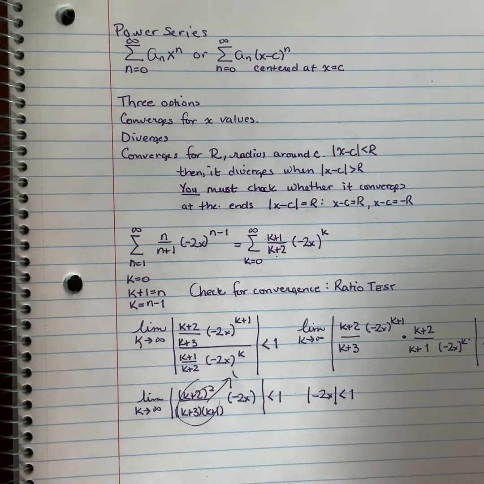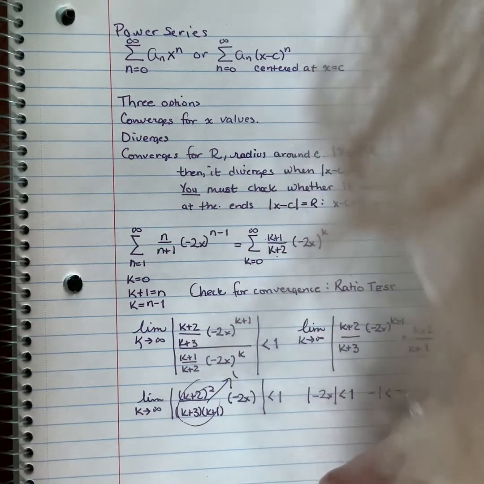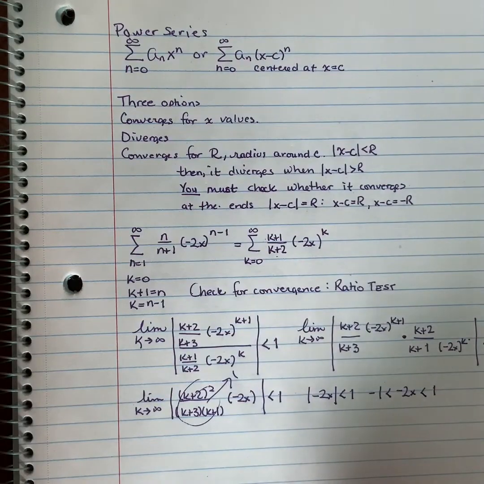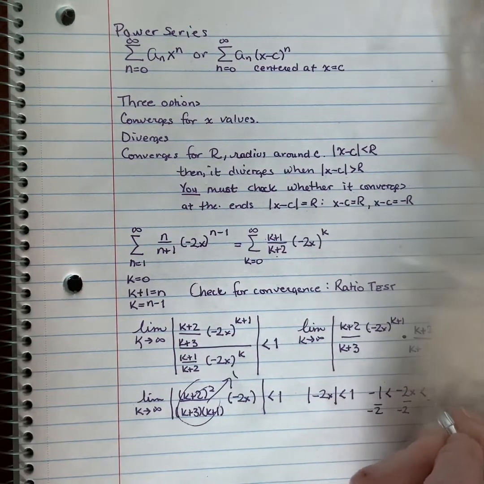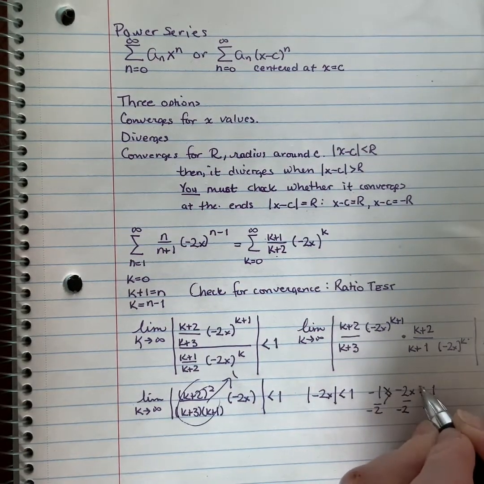Well, that's not terrible to solve, although you haven't had to do that a lot since algebra. So you take minus 1 is less than minus 2x is less than 1. Divide through by minus 2 on all three parts. When you divide by minus 2, it swaps the inequalities around.